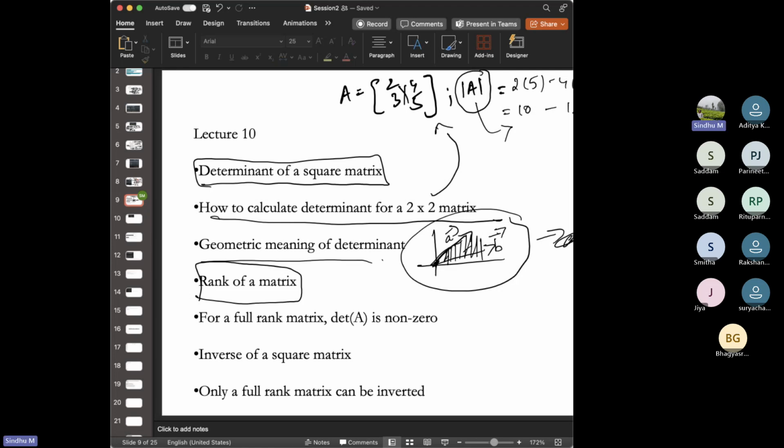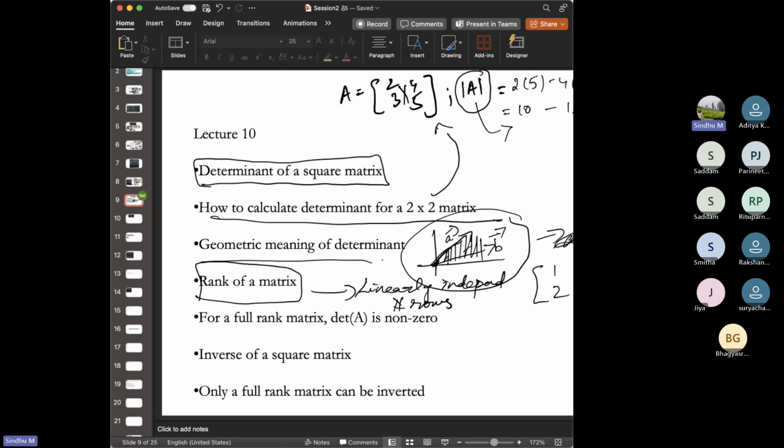Yeah, so we were discussing the rank of a matrix, which is the number of linearly independent rows. So if you have a matrix, let's say 1, 2 as the first column, and maybe the second column is twice of this, so 2, 4.